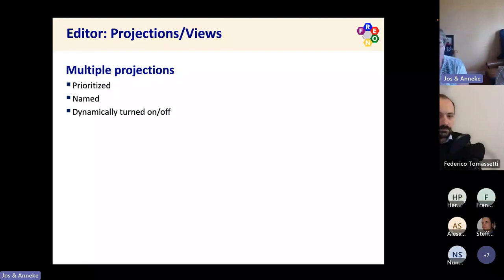The editor is a projectional editor, and we decided early on that it should be possible to have multiple views in the editor. Every view or projection is prioritized, it's named, and it can be dynamically turned on and off.